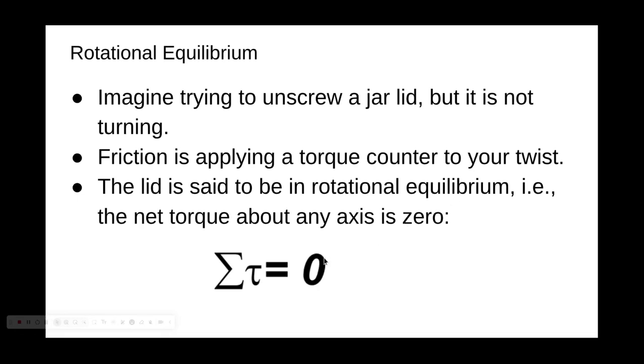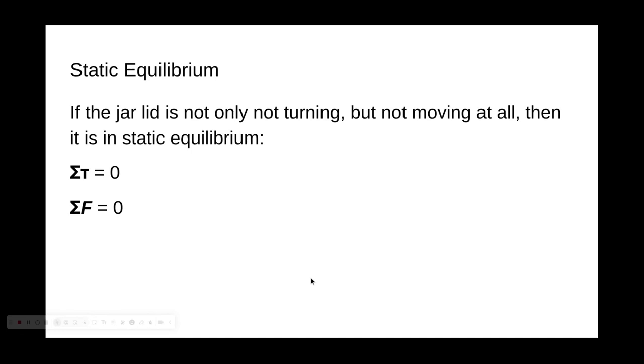The net torque, tau1 plus tau2, equals 0. If the jar lid is not only not turning, but you're not moving the jar at all, so it doesn't have any translational motion, then it's actually in static equilibrium. That means the sum of all the forces equals 0.